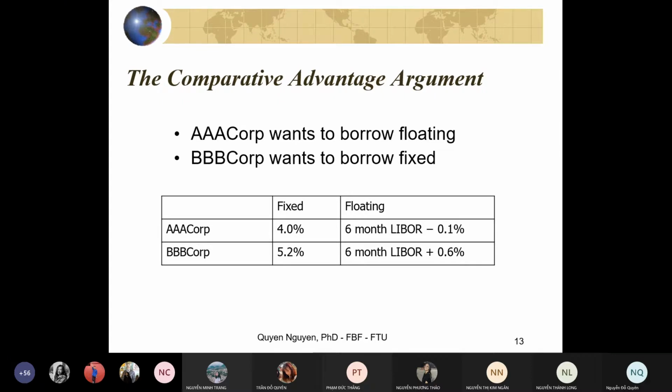With the comparative advantage argument, we may design a swap contract to assist both parties in preserving their comparative advantage, but at the same time fulfilling what they want to end up with in the swap agreement.